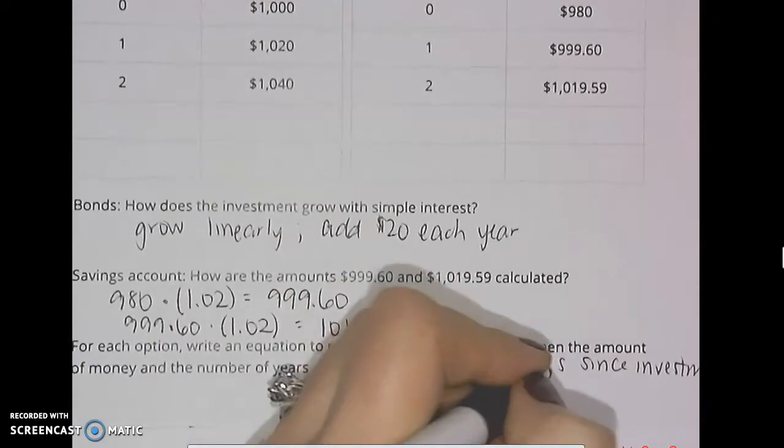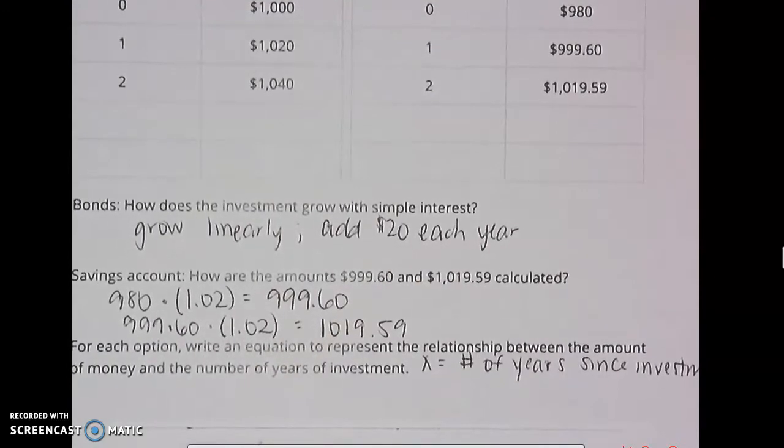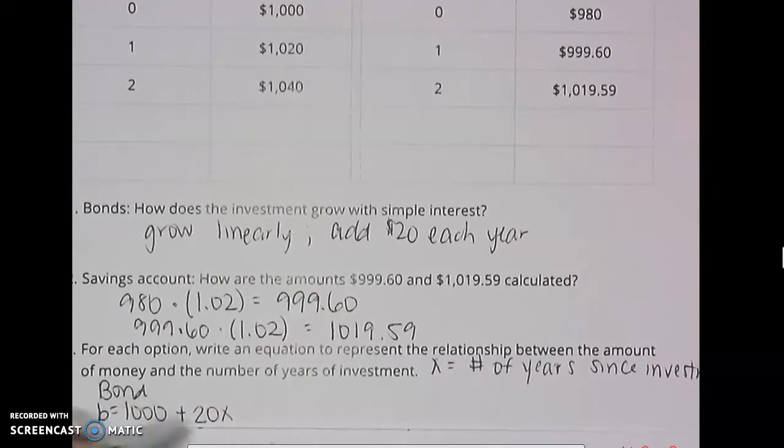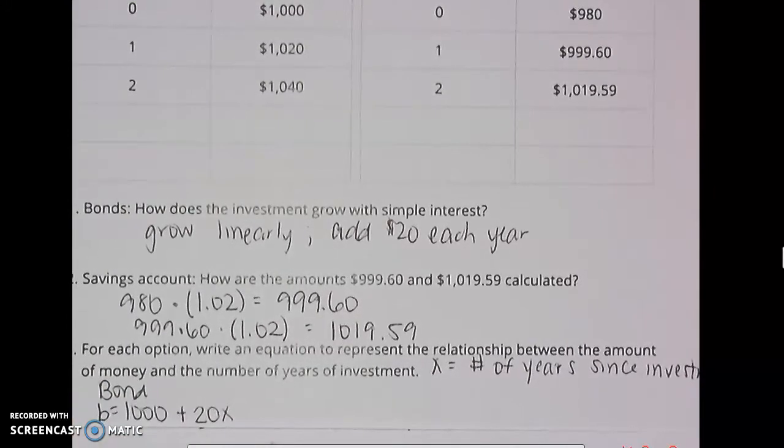So for our bond, we start off with $1,000. So we'll say B, for bond, equals $1,000, and each year they add $20. So $20 times however many years we have. So if we had 3 years, they would just add another $20 to what we had before.